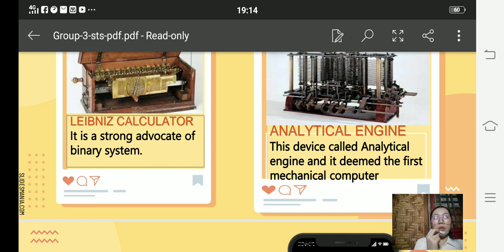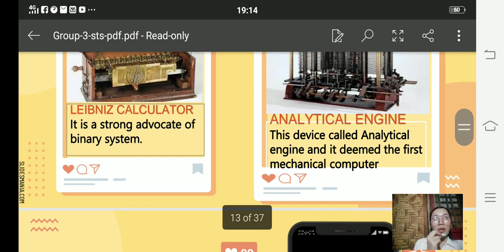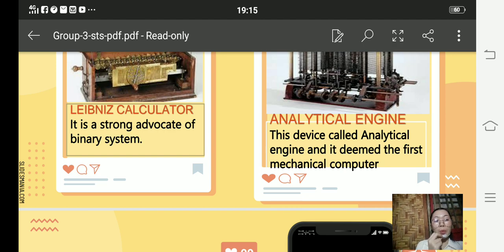The analytical engine is incorporated with a logic arithmetic unit, and it also controls the flow of branching, loops, and integrated memory, making it the first design of a general purpose computer that can be described in modern terms.